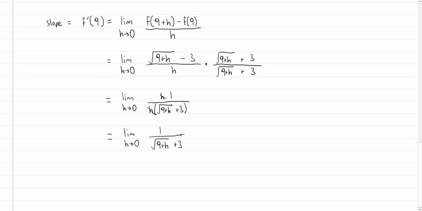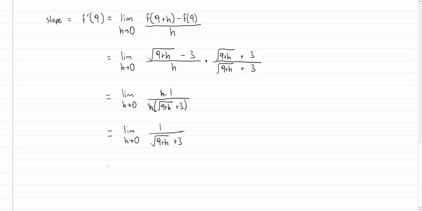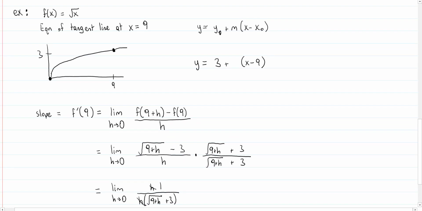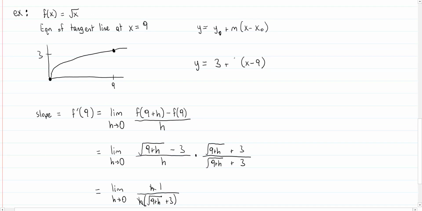And now if we plug in h equals 0, we're going to get 1 over 6 as a final answer. So that tells us that the slope of the tangent line would be equal to 1/6. All right.